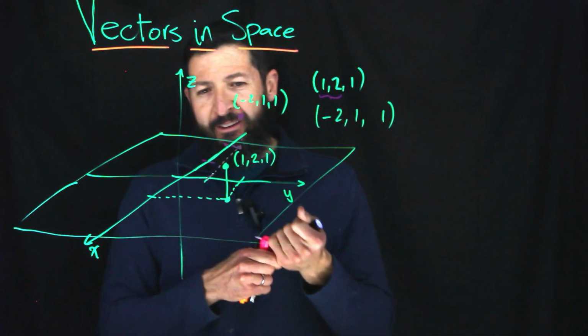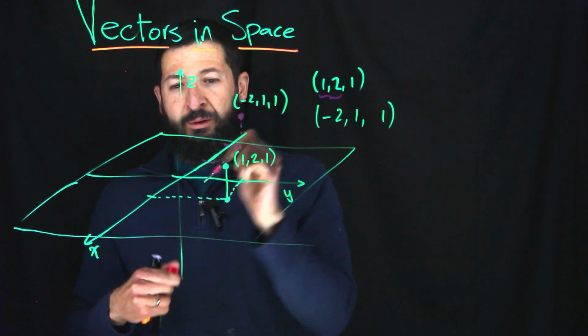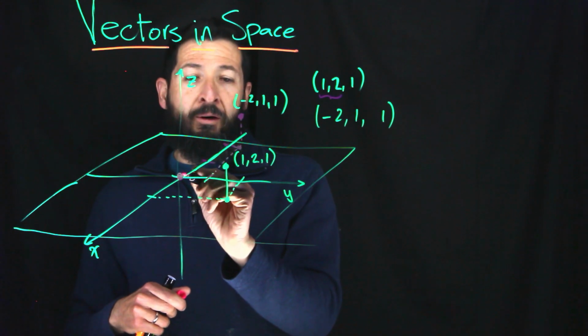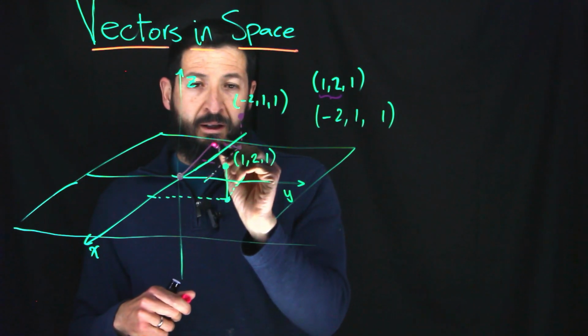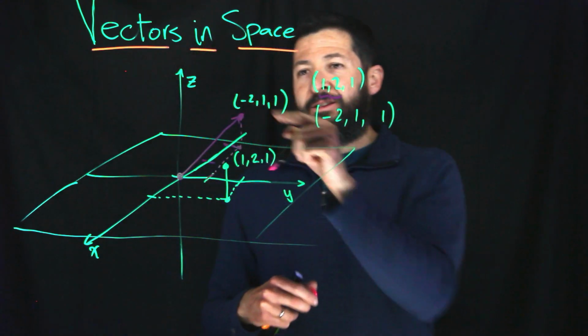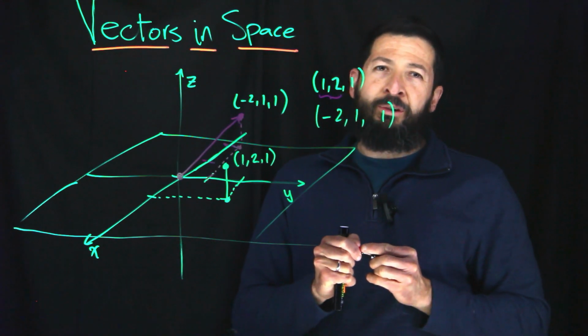Why did I call these vectors in space? Because there is a duality between points and vectors. If you set the tail of your vector at the origin and you put the head of the vector at the point, this negative 2, 1, 1 can be thought of either as a point or as a vector.